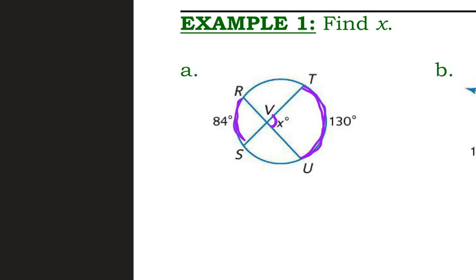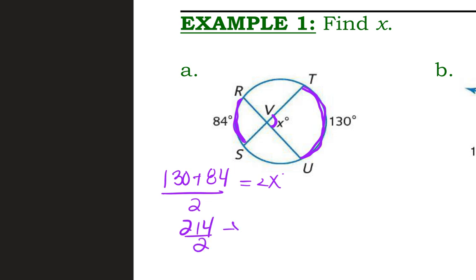So you take the 2 arcs, 130 plus 84, and divide by 2. That gives us angle x. What's 130 plus 84? 214. Divided by 2, that gives us 107. That's the measurement of angle x.